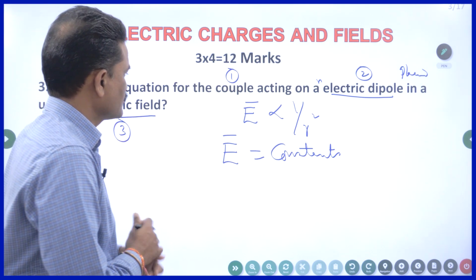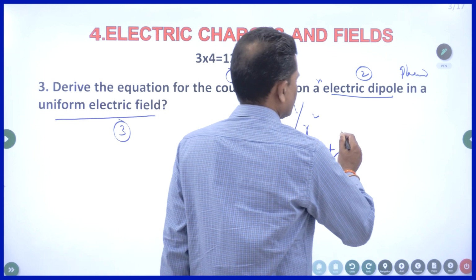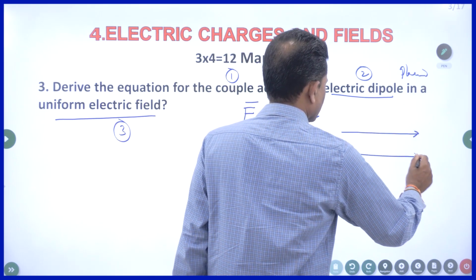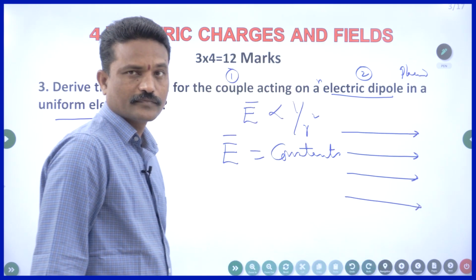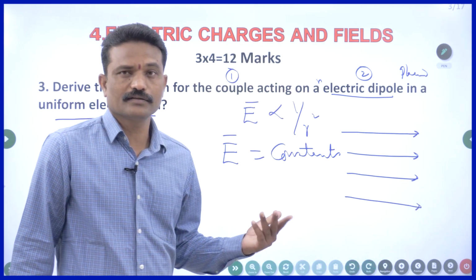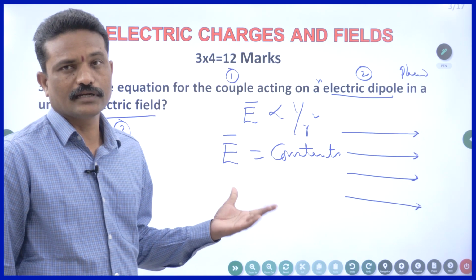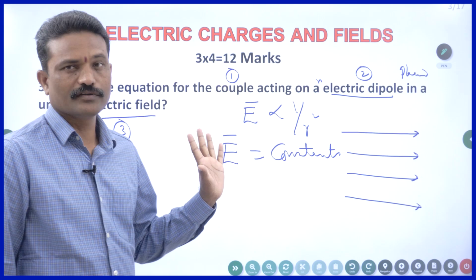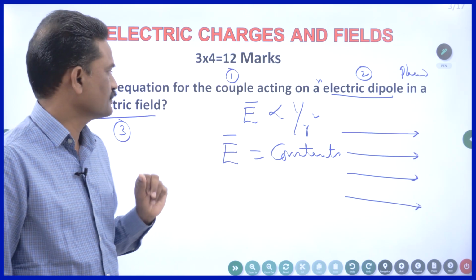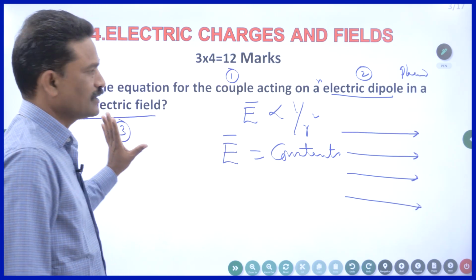Next, for uniform electric field, field lines are parallel lines, whether they are magnetic field lines or electric field lines. If the field is uniform, then field lines will be parallel. Is this clear? Right. So, the third point is clear, I think.